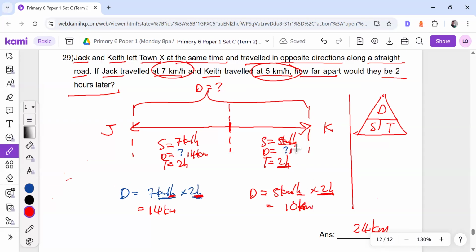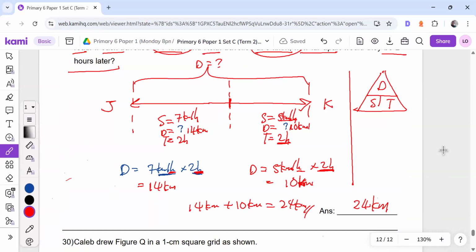All right, and then put it down inside your model. So can you find the total distance? That will be 14 plus 10. So the distance between them will be 24 kilometers apart. Okay, and that's how you do this simple speed problem. Got it? So Aubrey, did you get the answer correct? Those of you who attended my speed lesson, you hopefully got the answer correct.